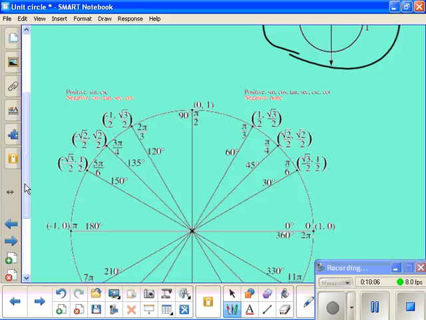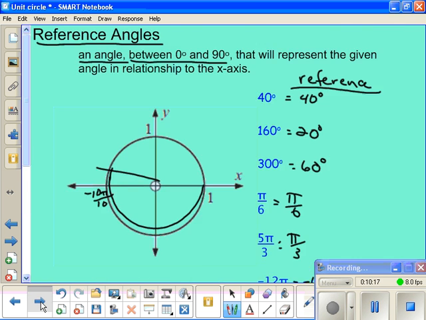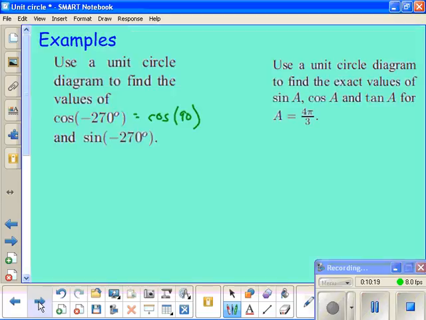Cosine of negative 270, or positive 90, is 0, just by looking at the diagram. So that is equal to 0. How about the sine of negative 270? The sine of negative 270, or sine of positive 90, is 1. And we'll talk about the hand trick in our lesson tomorrow.